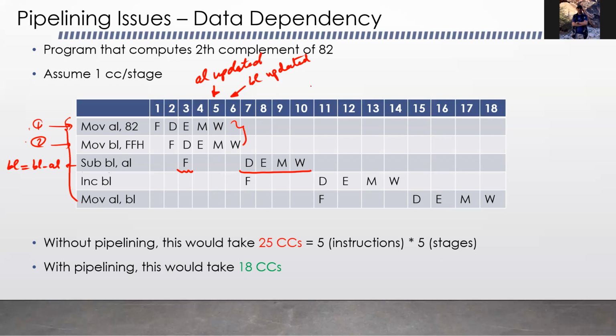And remember, BL will be updated again because of the 3rd instruction at cycle number 10. And if we look at the fourth instruction now, it's again dependent on the third instruction, because it will increment BL. So in that case, we must also wait for the 10th cycle to do the fourth instruction.